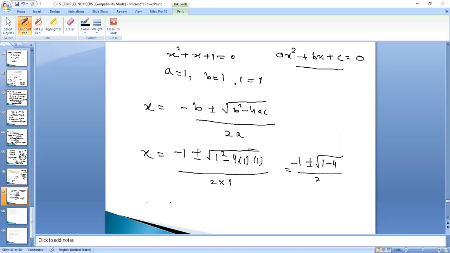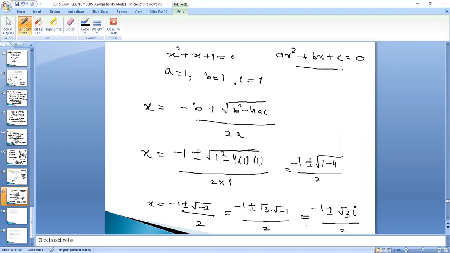X is equals to minus 1 plus minus root of minus 3 upon 2, which can be written as minus 1 plus minus root 3 into root of minus 1 upon 2, which can be written as minus 1 plus minus root 3 iota upon 2.